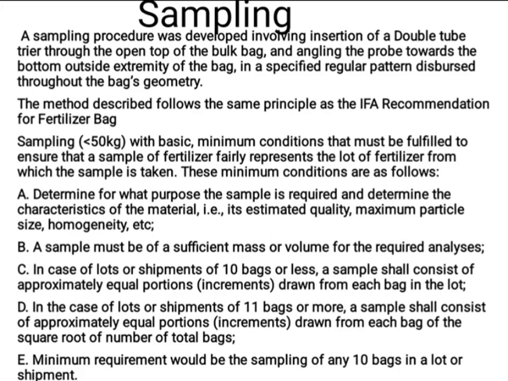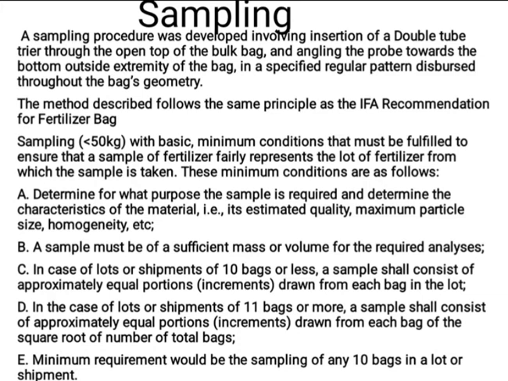So a sampling procedure was developed involving insertion of a double tube trier through the open top of the bulk bag and angling the probe towards the bottom outside extremity of the bag in a specified regular pattern dispersed throughout the bag geometry. So see, we have a large bag and we have to collect a sample.